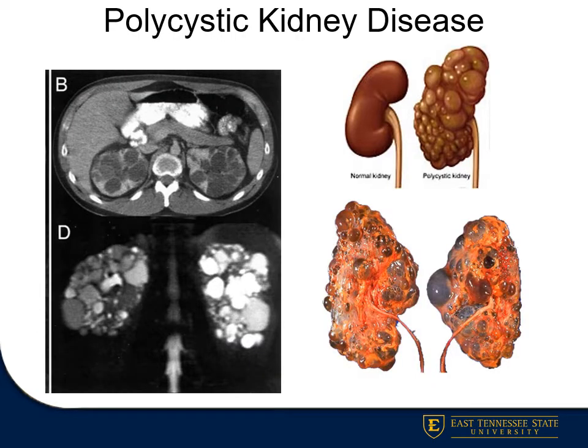There's also an entity known as polycystic kidney disease, which you'll learn a lot more about in pathology. There's autosomal recessive and autosomal dominant polycystic kidney disease, but the kidney becomes enlarged and becomes encased or involved with multiple cysts. So you'll see this later on. You can also have just regular cysts of the kidneys that just happen.